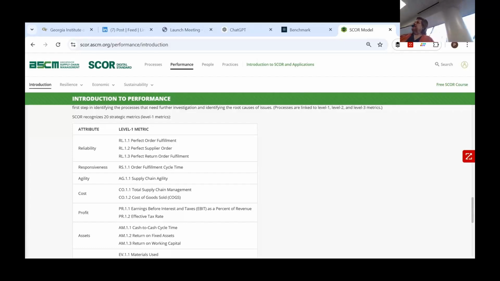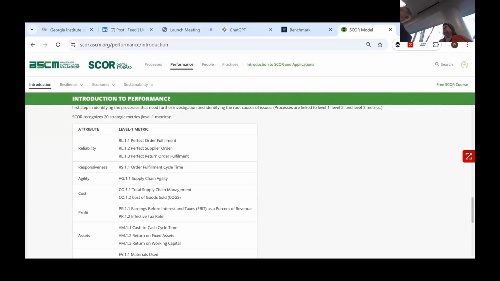So in the SCOR model, let's talk about that, Peter. Yep. So I think you've got to come here now. I will. Okay. If you look at the chart, and those of you on Zoom, if you look at the performance section, you'll see along the top there are three main categories of metrics: resilience, economic, and then sustainability.